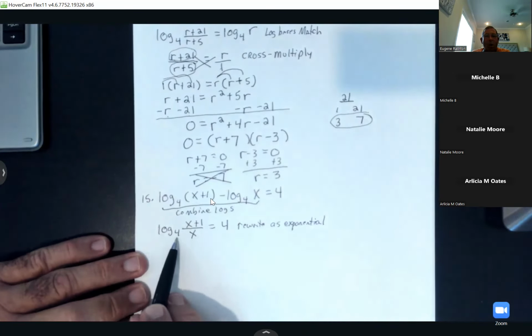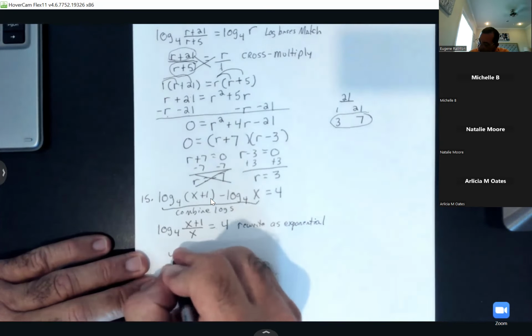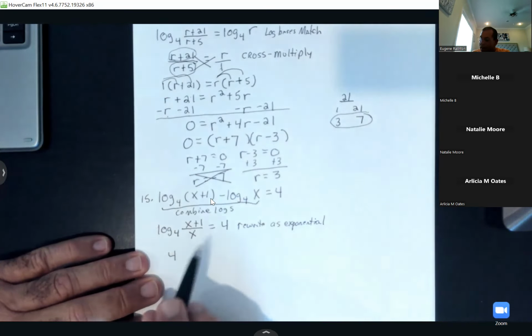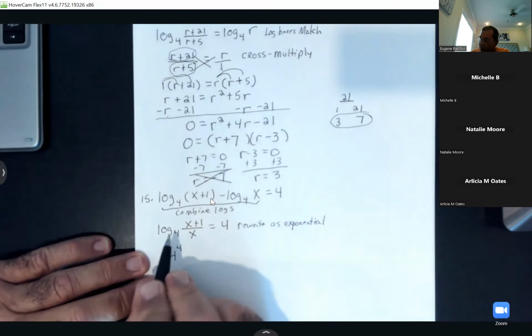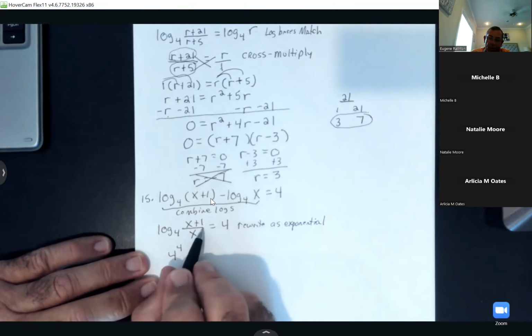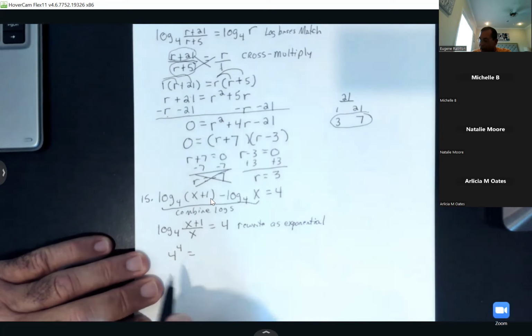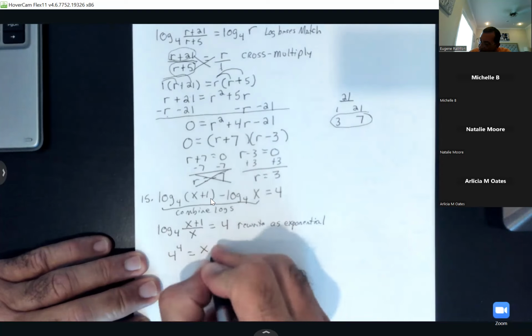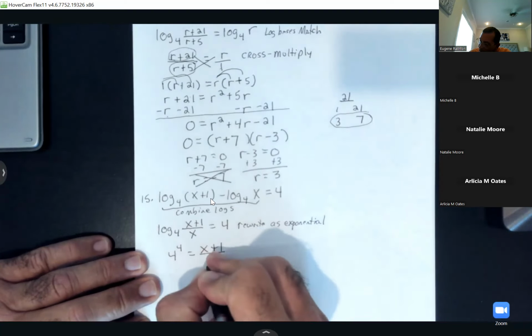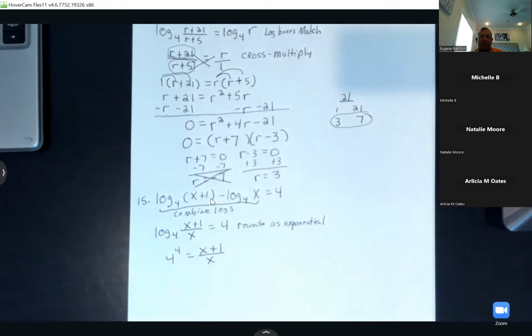So the base is a 4. The exponent of that base is a 4. So remember, base, exponent, result. So that 4 to the 4th power is going to equal x plus 1 over x.